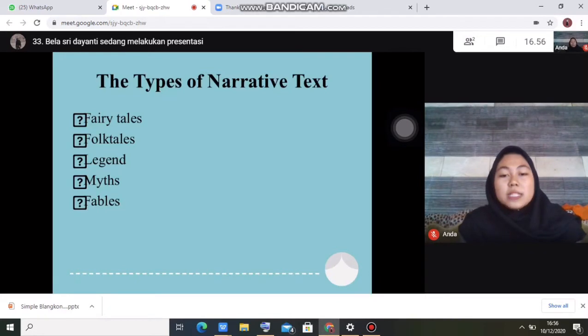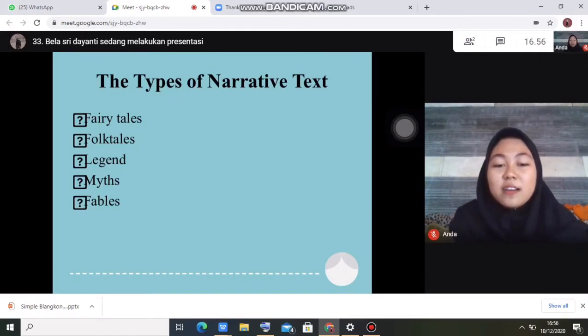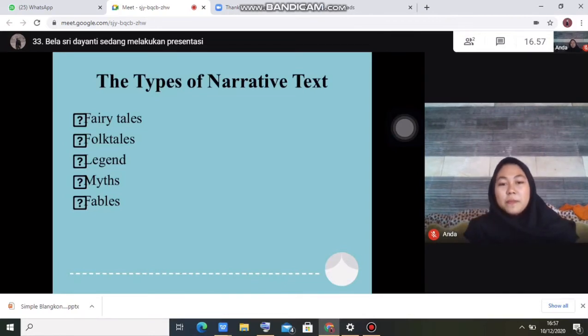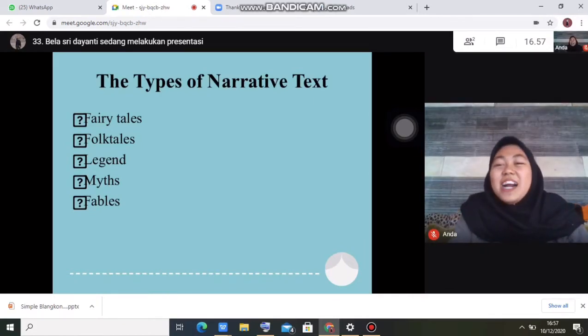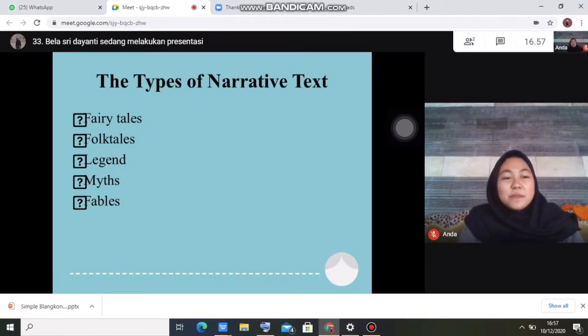Do you know what example of fables? I don't know, miss. Are you serious? Eh, I know. Oh, what is it? Simple question. I forget. What is the example of fable? I don't know. Oh no. Okay. The example of fable like kancil.